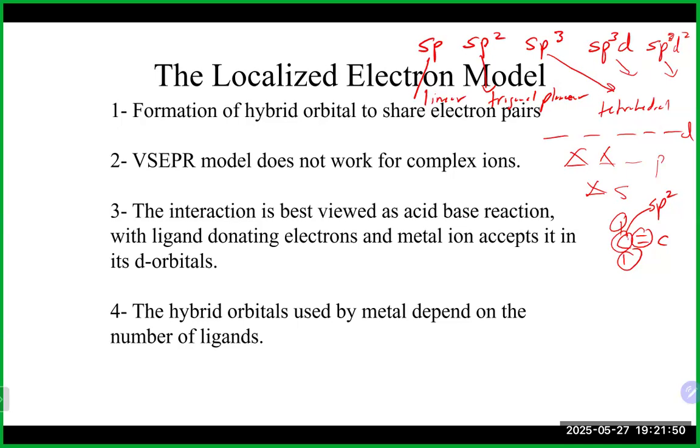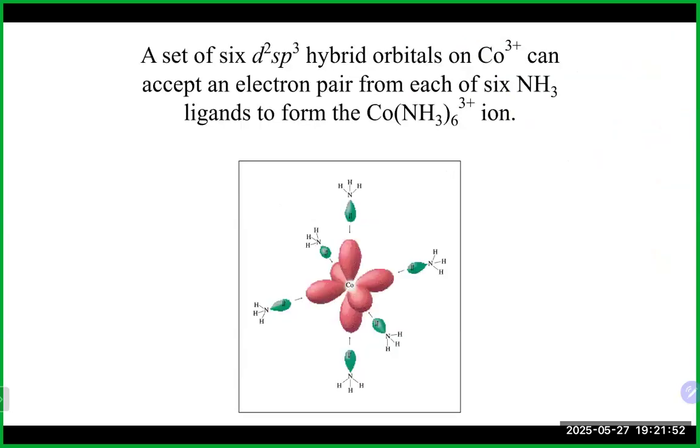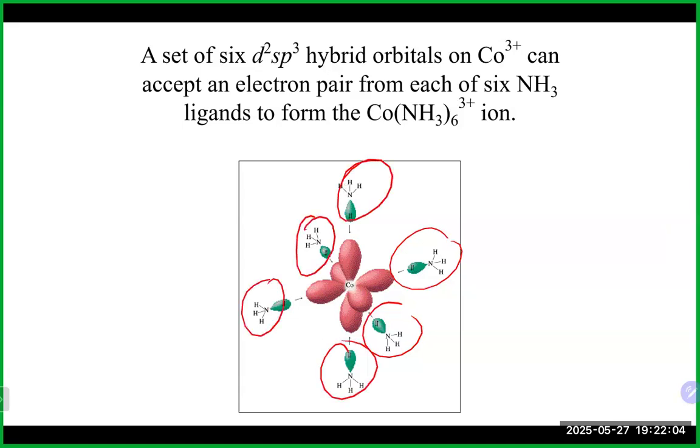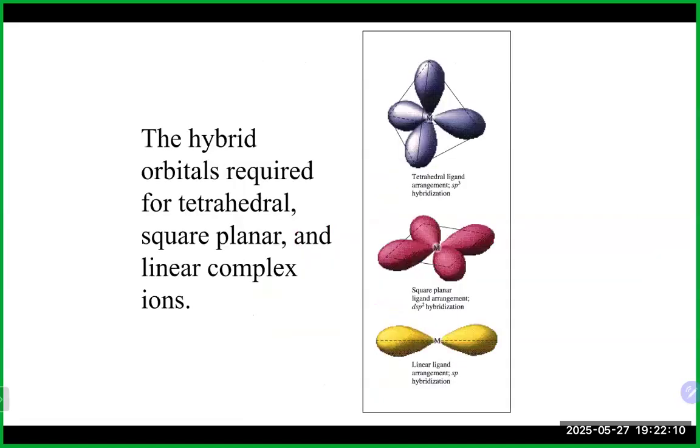Also, the coordination number plays a big role in hybridization and geometry. So here's our octahedral geometry. You've got 1, 2, 3, 4, 5, 6. Six, much like six electron pairs, is octahedral, so that again relates to each other.